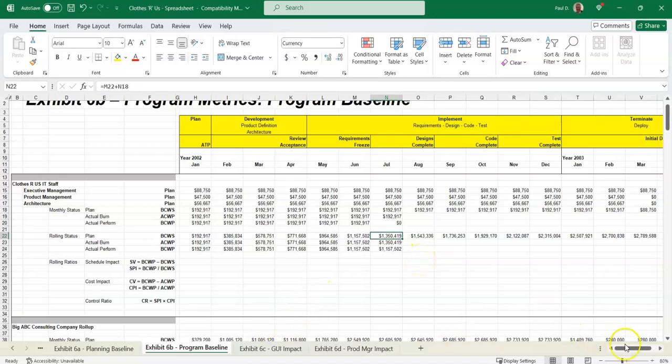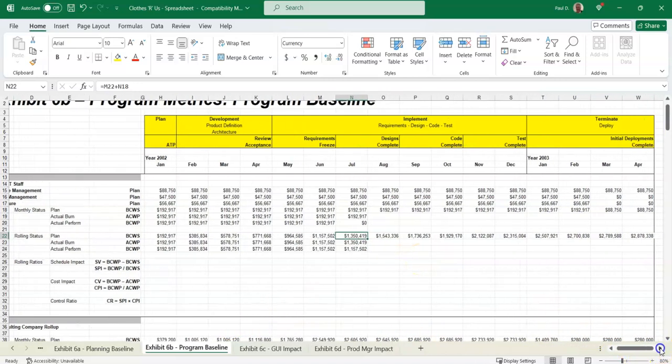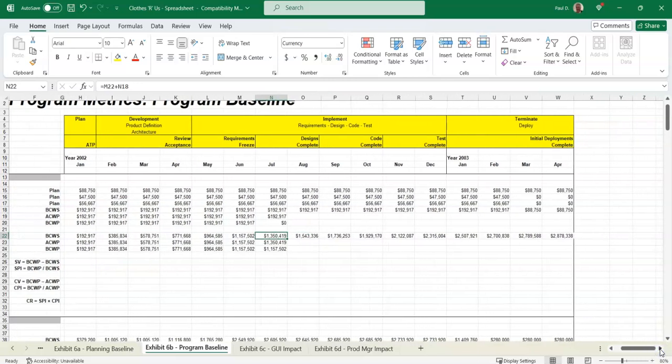What's interesting is that if you look at the very end on work scheduled, you can see that after the initial deployment is completed, it's basically a $2.8 million program. So that's essentially the budget at completion, all those numbers cumulatively at the end of the program. You had $2.878 million to do this project.